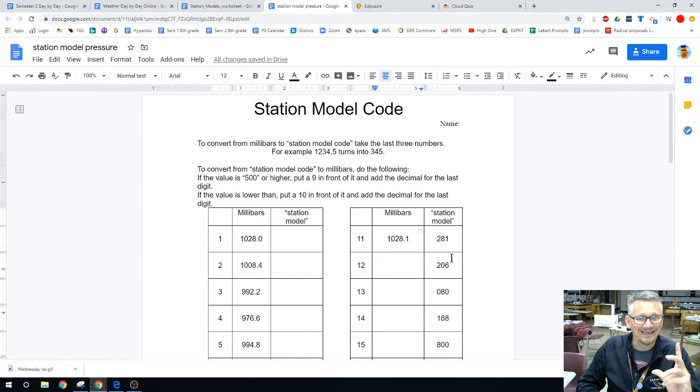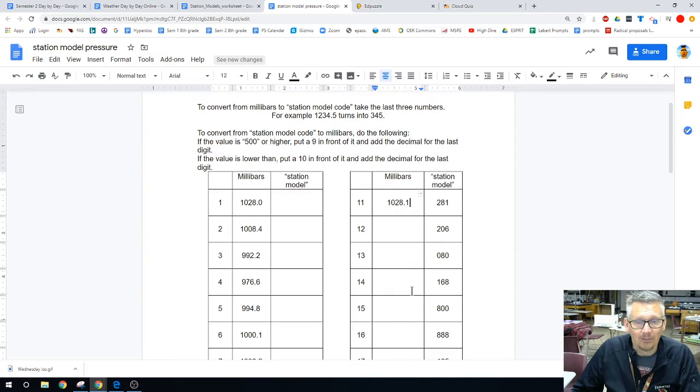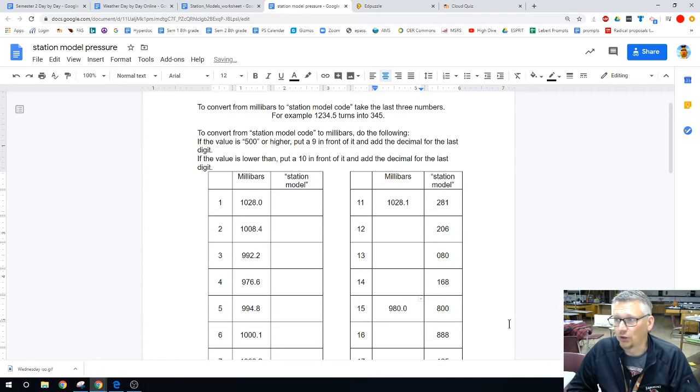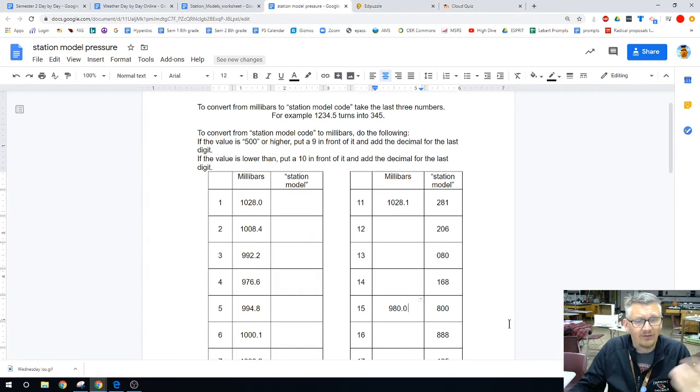And you will see that 1028.1 is between 950 and 1050. If it's above 500, what we will do is put a 9 in front of it. So 980, and the last digit is a decimal. So both of these are going to be between 950 and 1050.